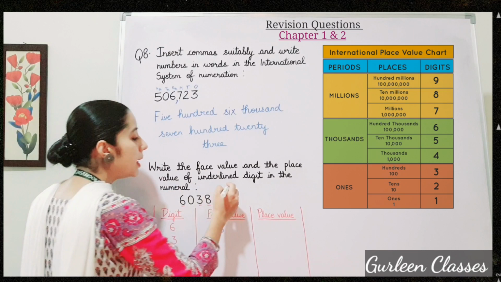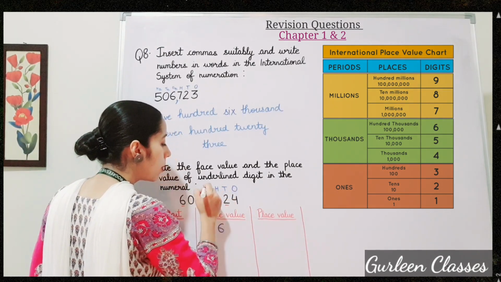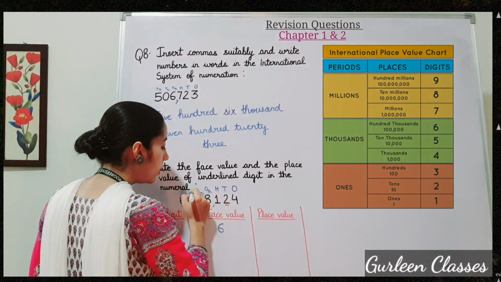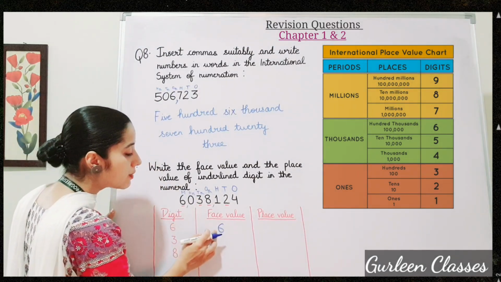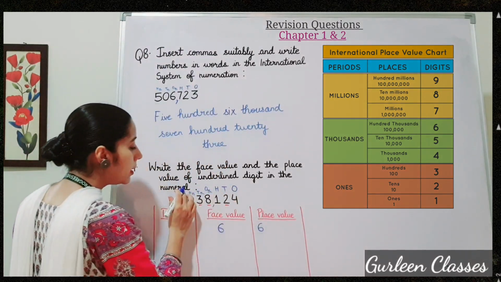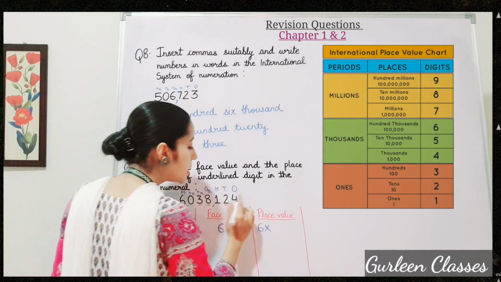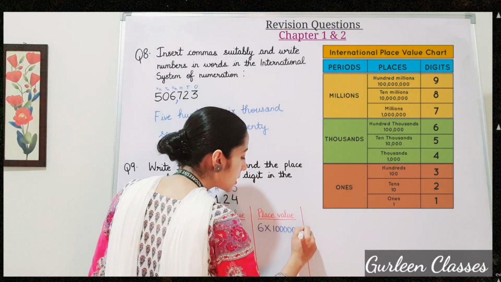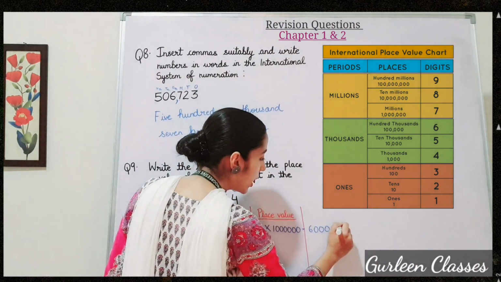Let us write the places at the top: ones, tens, hundreds, comma, 1,000, 10,000, 100,000, comma, and million. So the face value of 6 is 6 and the place is million. So 6 into 1,000,000, the answer is 6 million.